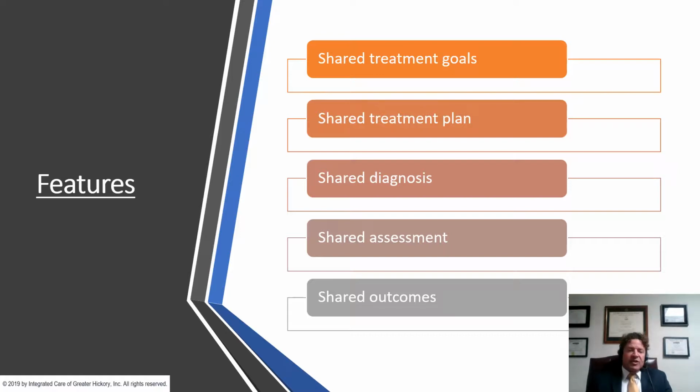Many different providers are going to be looking at different outcomes, assessments, diagnoses, and planning. So when we come together as an interdisciplinary team for this whole person care planning, we need to make sure that these are shared. Just because the A1C is down but the person is actively still using, one person thinks that they're meeting their treatment goals and the other says no, they're not. We need to have all of these goals on the same treatment plan.